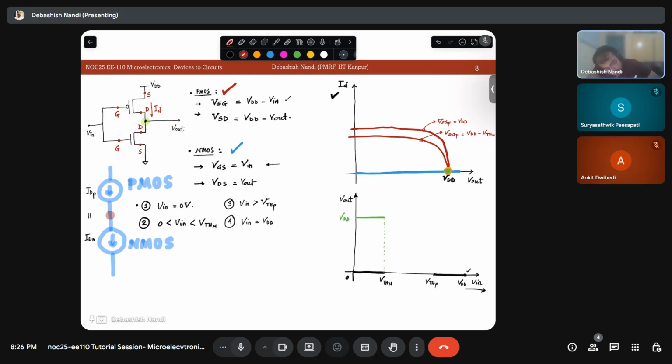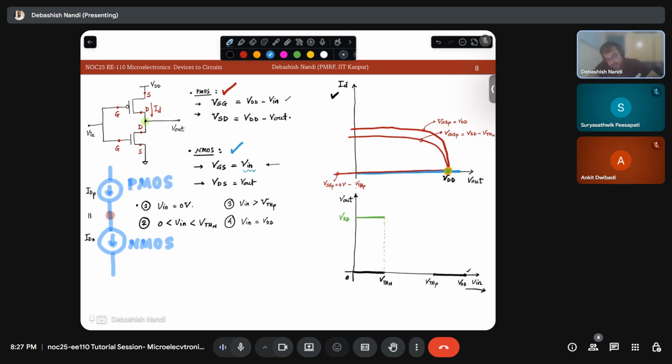That means this curve is in this line. So your VSG is equal to 0 volt, so this is my VSGP from 0 volt to, let's say, VTHP, right?